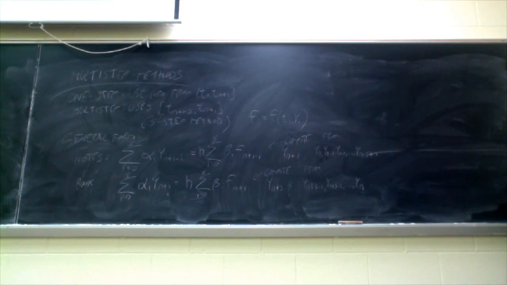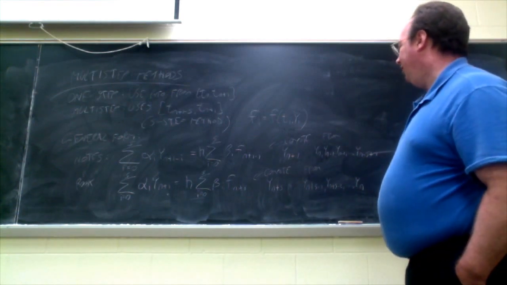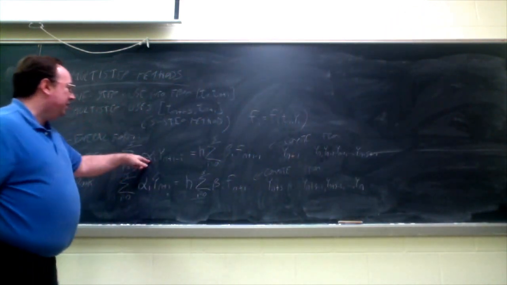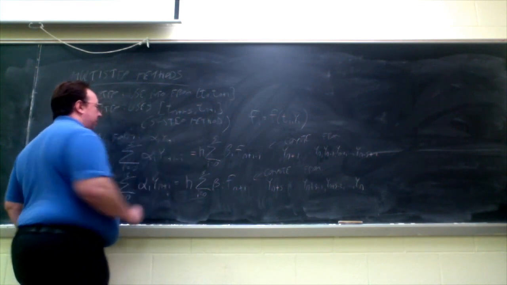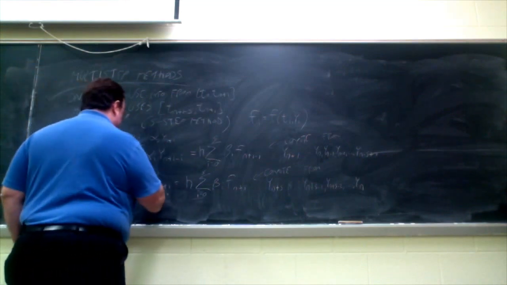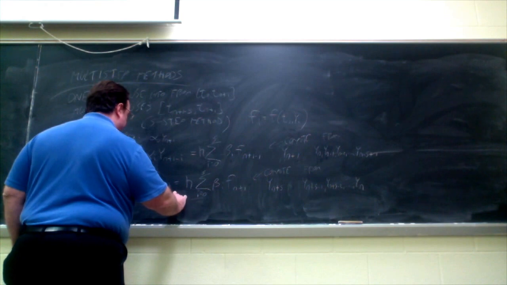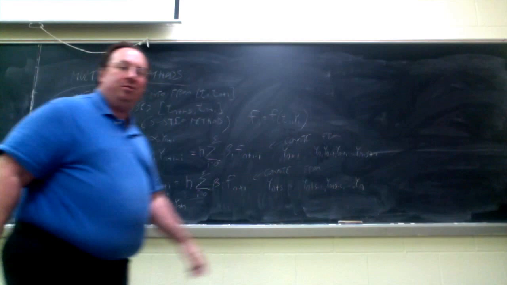Now the other thing that makes it even worse is here alpha 0 is associated with y n plus 1, and that's what you're trying to compute. Here we have alpha 0 associated with y n. Also, alpha s is associated with y n plus s. So entirely different alphas are associated with whatever value you're trying to compute.